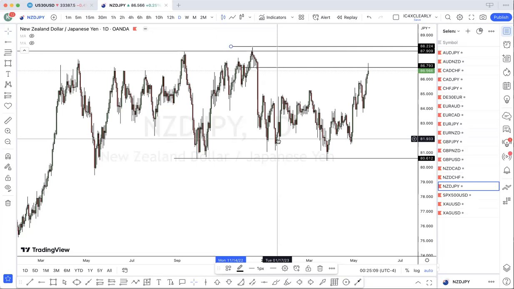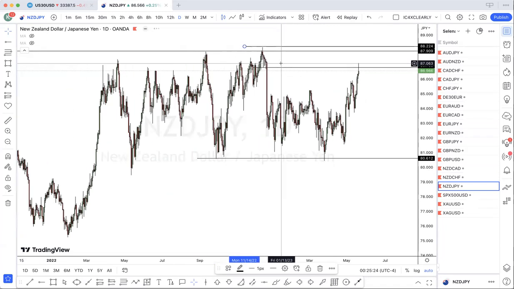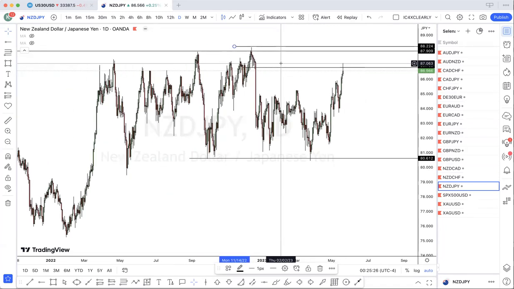I always feel if price did not break the low, we're still buying. We're still buying. However, that's still possible. But I do believe price has tapped into the imbalance.